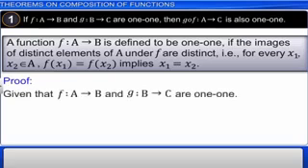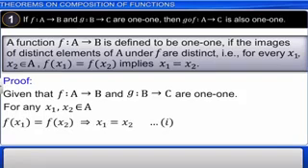We are given that functions f and g are 1-1. This implies that for any arbitrary elements x1 and x2 belonging to set A, if we have f of x1 is equal to f of x2, then x1 is equal to x2.